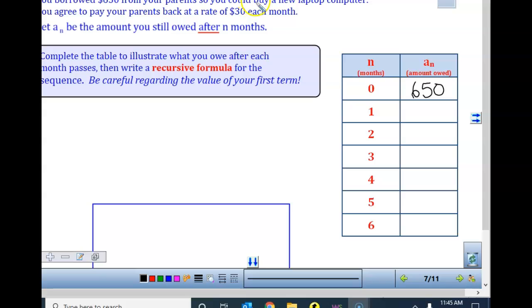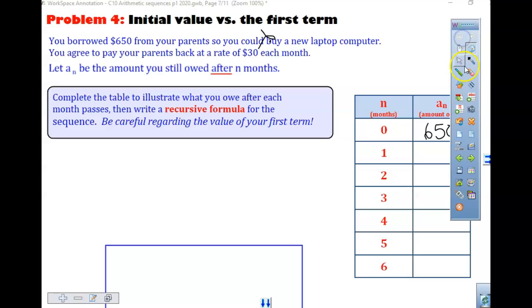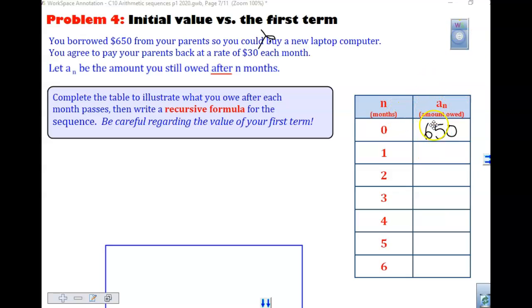So if I am taking a look at this table, as you read the question, we are owing our parents money, and each month it's going down, right?